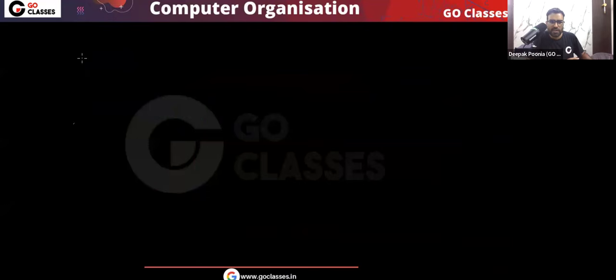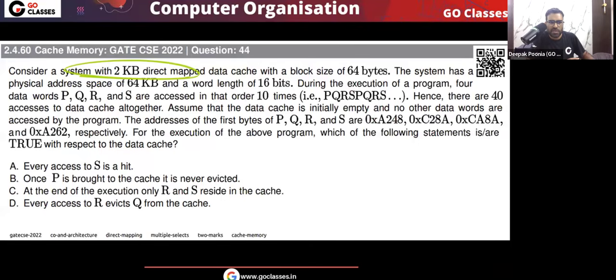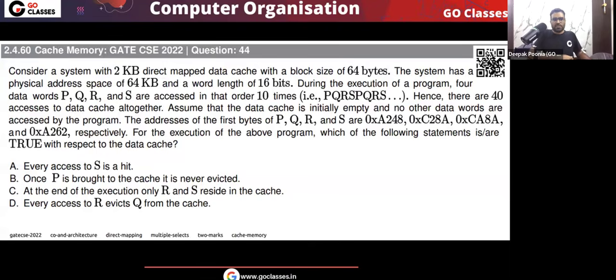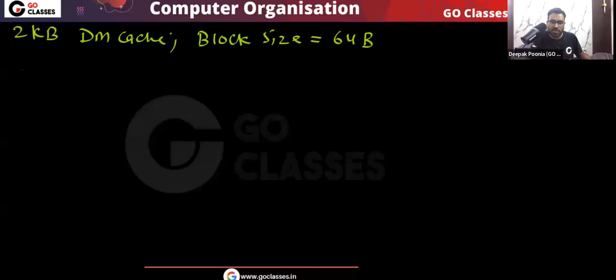But before that, let's do the address division. You can see we have 2 KB cache memory, direct mapped cache. Okay, 2 KB direct mapped cache we have. Also, the block size is equal to line size. We already know block size is 64 bytes. Okay, next, the physical address space is 64 KB.